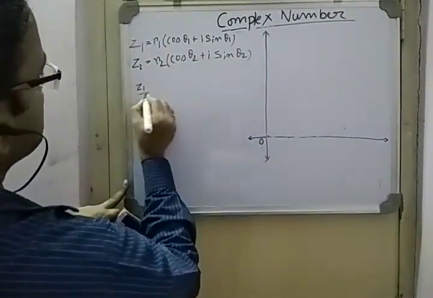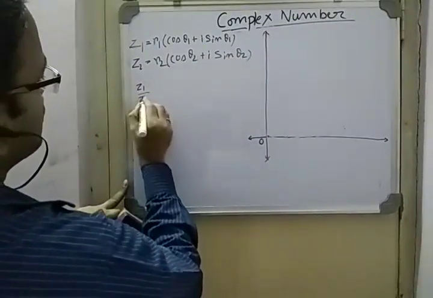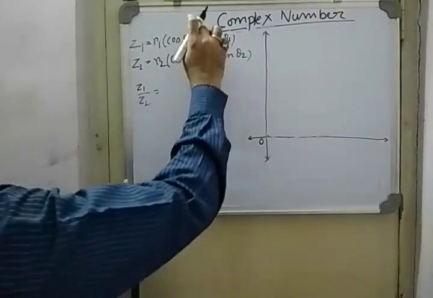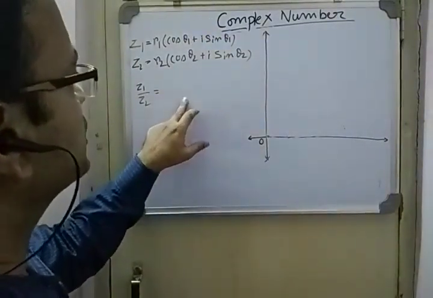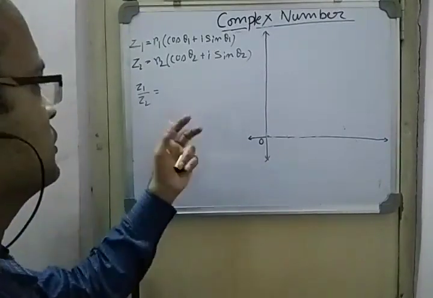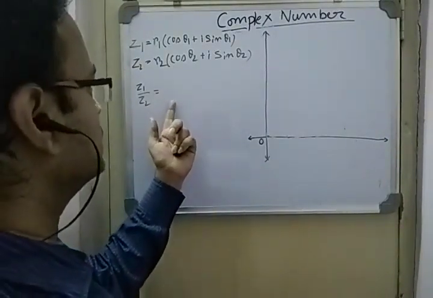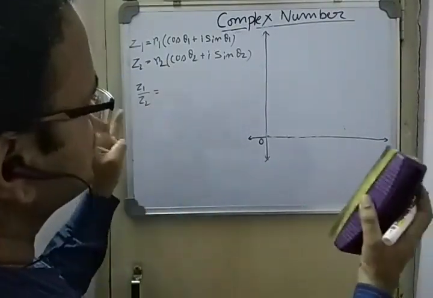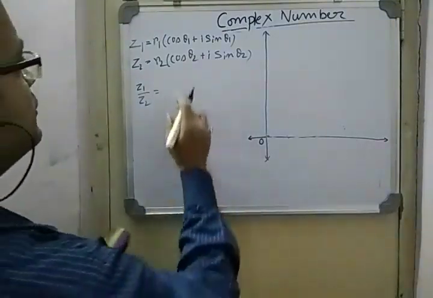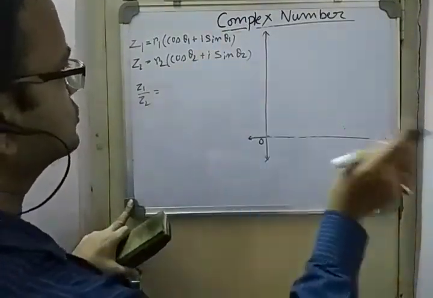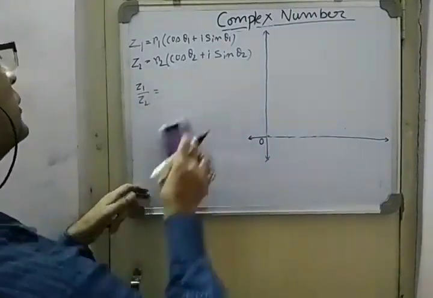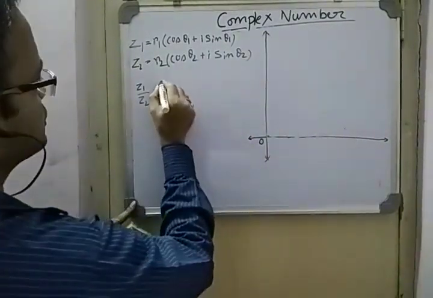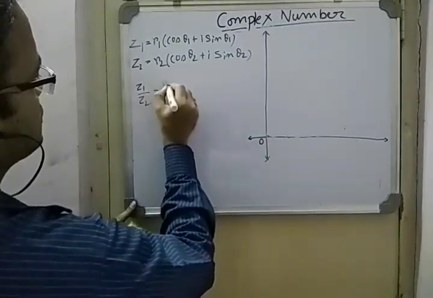So what is Z1 by Z2? It means one complex number divided by the other complex number. Then you multiply the denominator with its conjugate, and you reach the a plus ib form. But anyway, we will not go into that calculation. Actually, if you want, I will just reach there first.